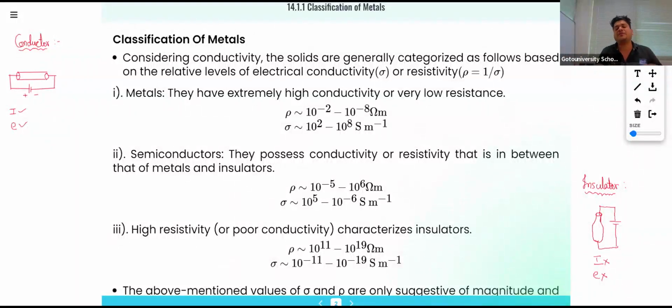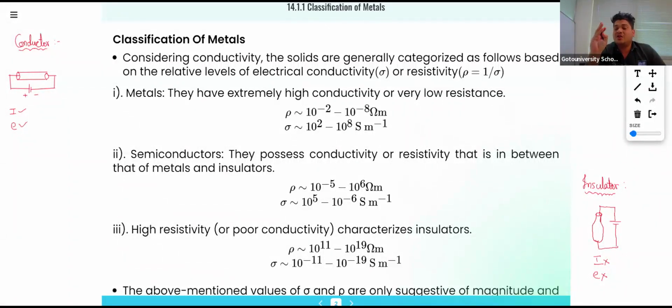Now let us consider that we have a semiconductor, and the most commonly used semiconductors are silicon and germanium. These are group 14 elements. Semiconductors are group 14 elements. Remember the trick for learning this. What can be used as a semiconductor?